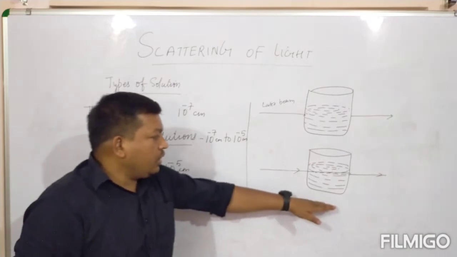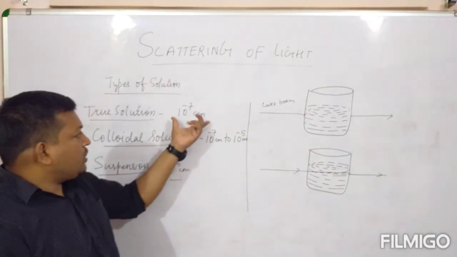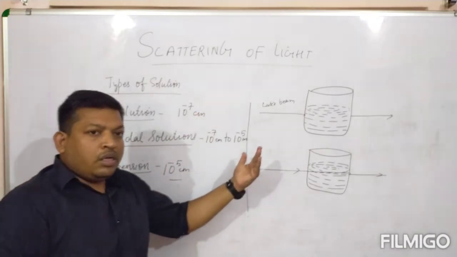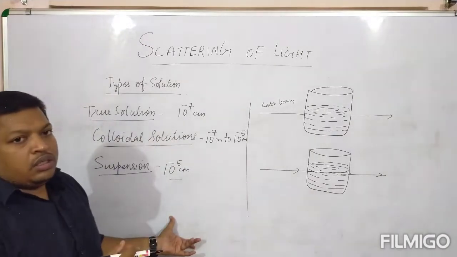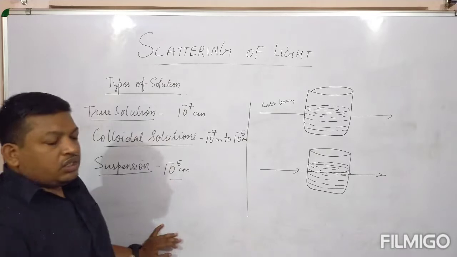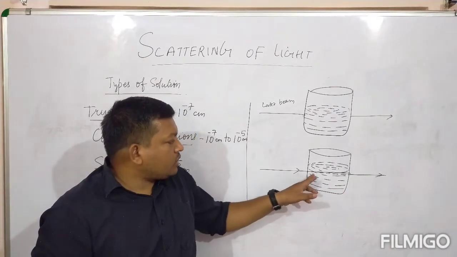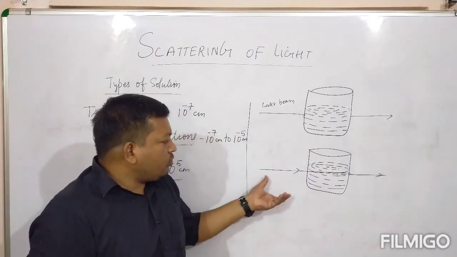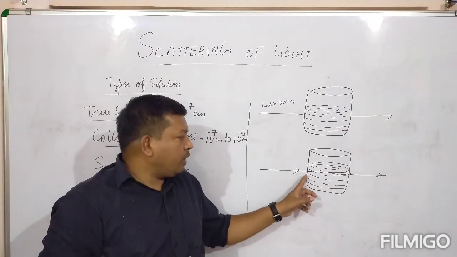when light rays fall on particles larger than 10 to the power minus 7 centimeter, they will be reflected irregularly. And this irregular reflection shows the beam of light, or when the light ray passes on the particles, the particles start glowing, also redirecting the path of light.